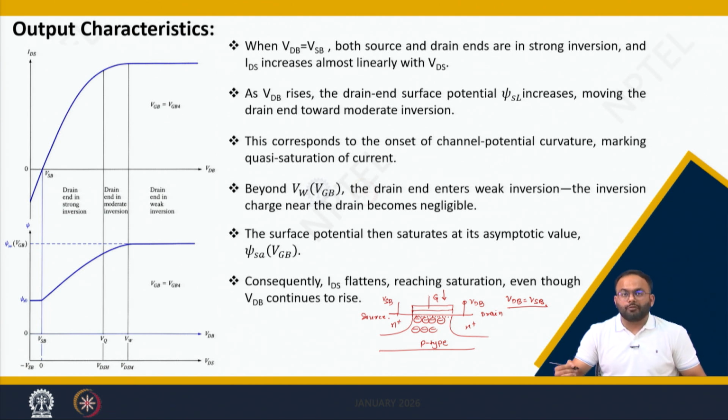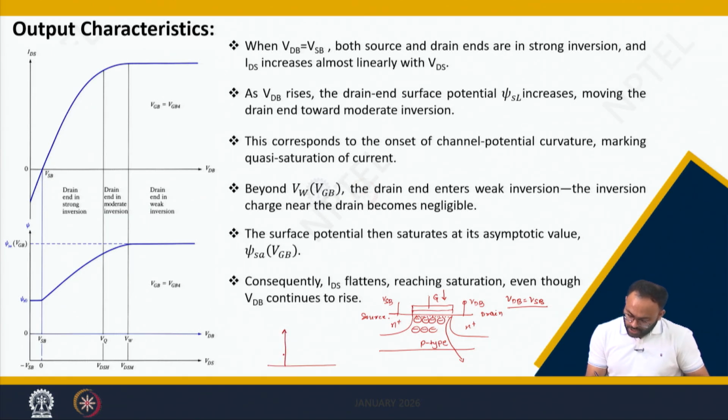Now, what will happen if you raise VDB over VSB? When you increase VDB, ultimately the surface potential here follows the previous trend we have discussed, because the surface potential is increasing.